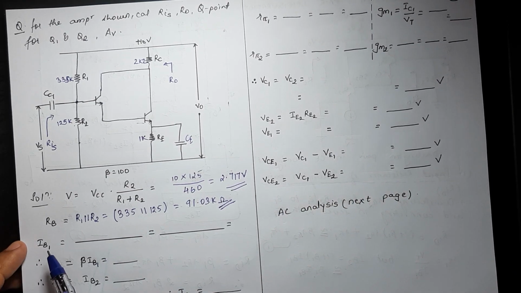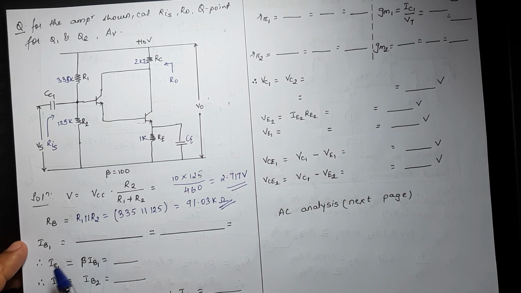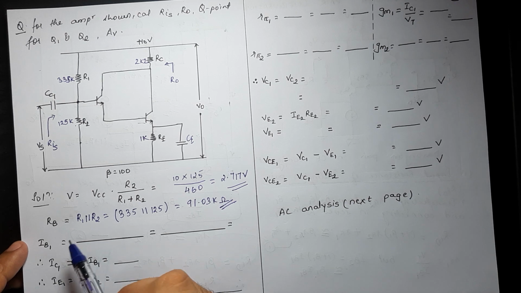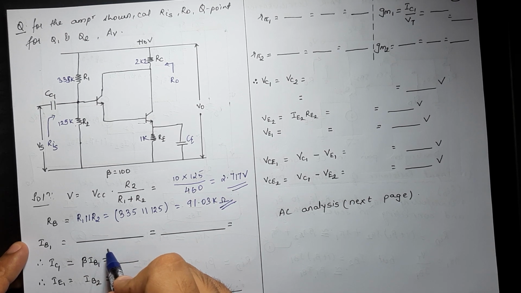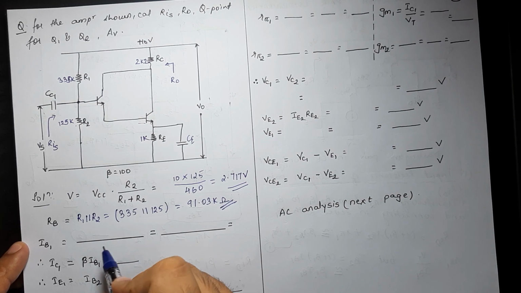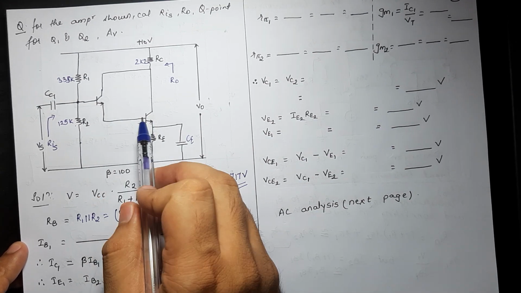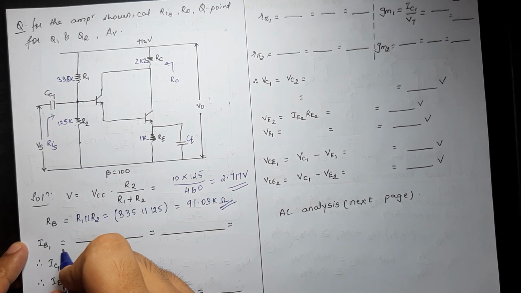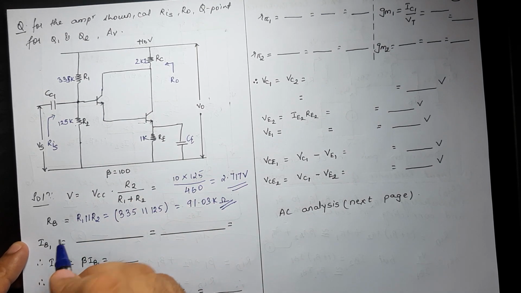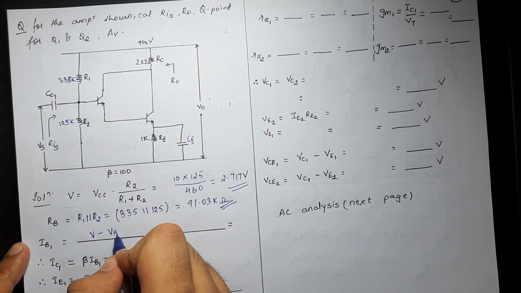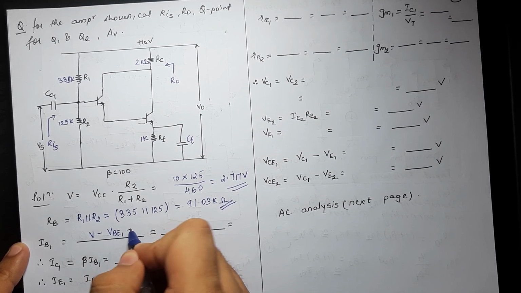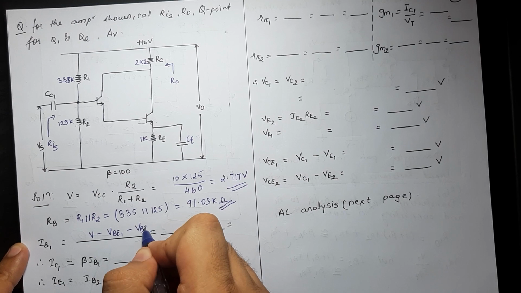Now for the very first time, your IB is going to change. Generally we did have the formula V minus VB upon RB plus 1 plus beta RE. Now here, since it is a two-stage configuration, the formula is a little bit different. It is nothing but V minus VBE1 minus VBE2.